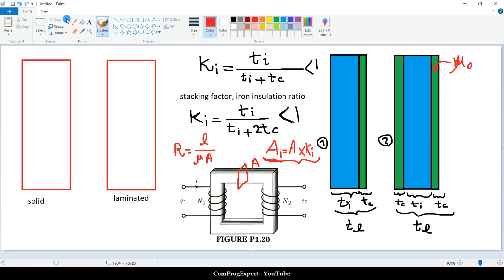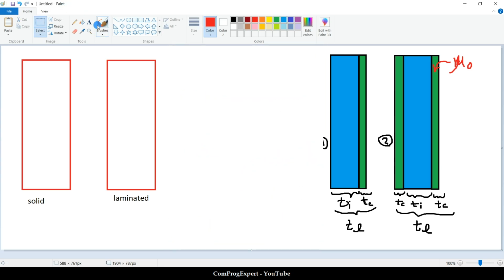But what is the reason why we use laminated cores and laminated electric steels to make the cores for transformers? Here, suppose we have a solid core and here we have a laminated core.